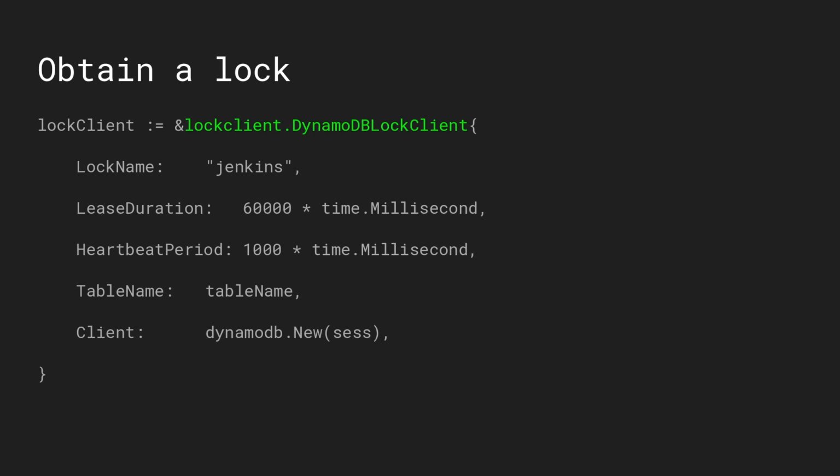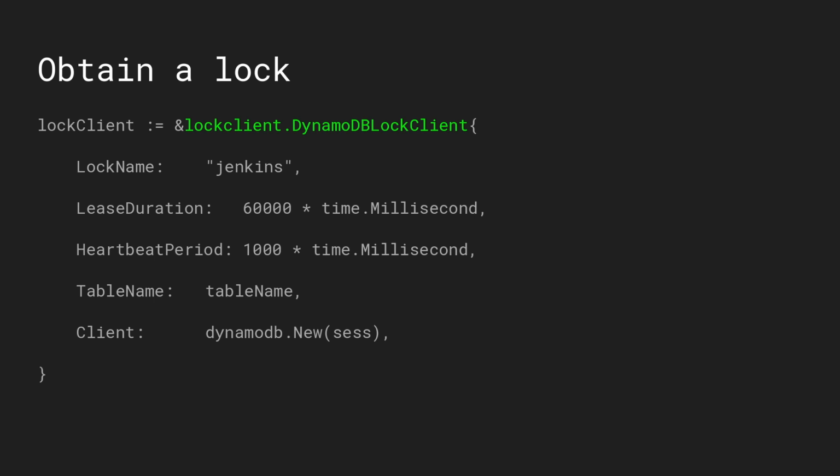The package I'm using here is a Golang implementation of AWS's Java implementation. It's a Golang equivalent of it. The API looks like this, so it makes it really easy to use. We create a structure of DynamoDB lock client type. We give it a name.